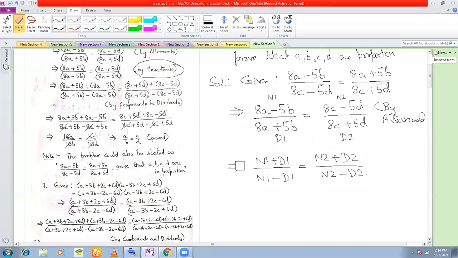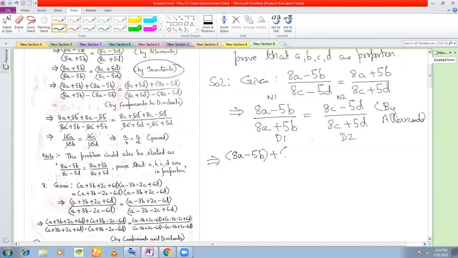Numerator plus denominator divided by numerator minus denominator on both sides. So what do I have? Here I have numerator n1 as 8a minus 5b plus d1, the denominator, which is 8a plus 5b, divided by 8a minus 5b minus 8a plus 5b.